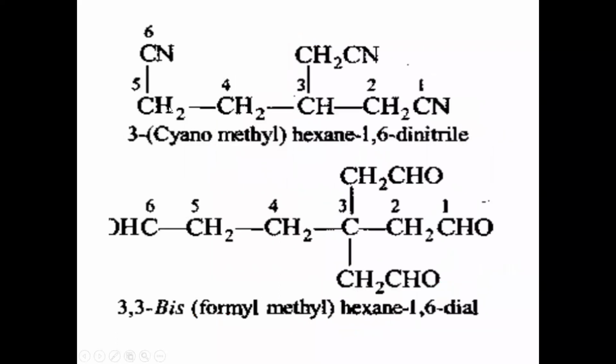Now, next, another type of special nomenclature we discussed: special secondary suffixes. If you take this chain here, the first carbon is started here: first carbon, second, third, fourth, fifth, sixth. Here there is a CN group, 2 times.